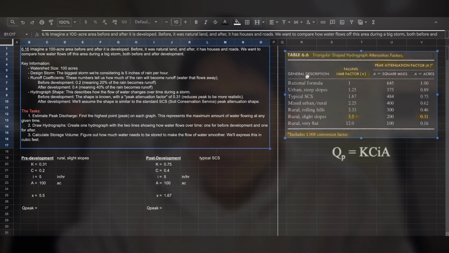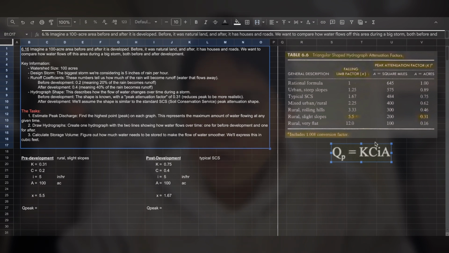In table 6.6, we have general descriptions of different types of land: rational formula, urban, steep slopes, mixed urban, rural, with different types of rural. Now, if you remember, we have been using peak flow equals CIA.